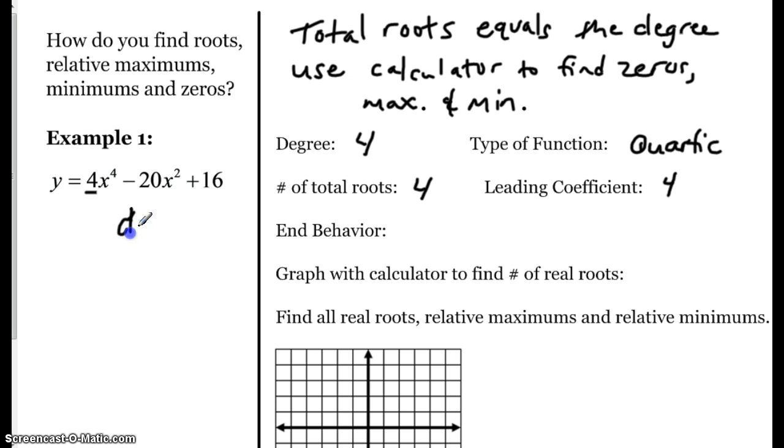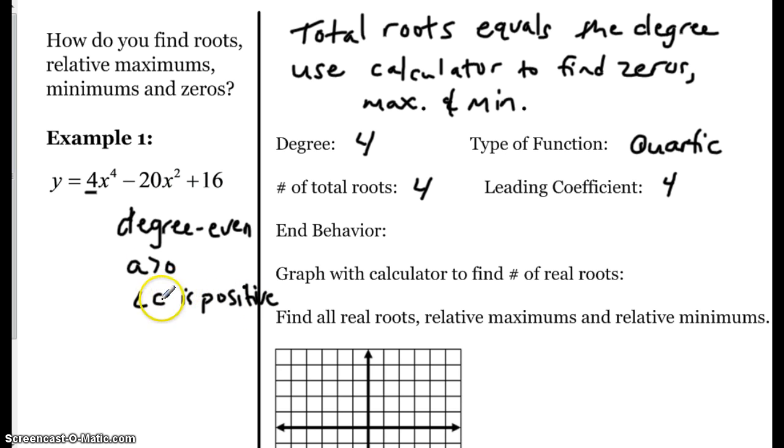It's greater than 0. So we have even degree, 4 is even, and our leading coefficient is a positive, so our a is greater than 0, so our leading coefficient is positive. And remember that LC stands for leading coefficient.